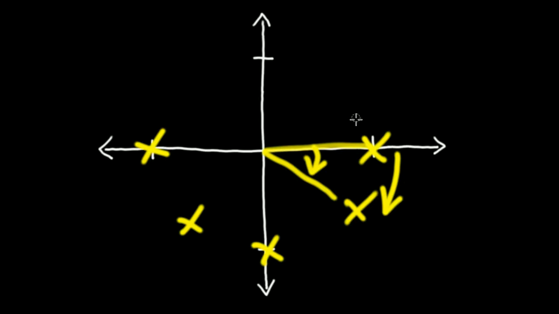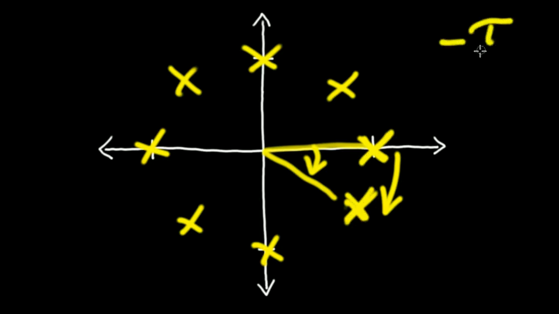So what is the frequency of this signal? 1, 2, 3, 4, 5, 6, 7, 8 samples around the unit circle, and then it repeats itself. Well, I would say that's negative tau over 8. That's the frequency. But hang on a minute.